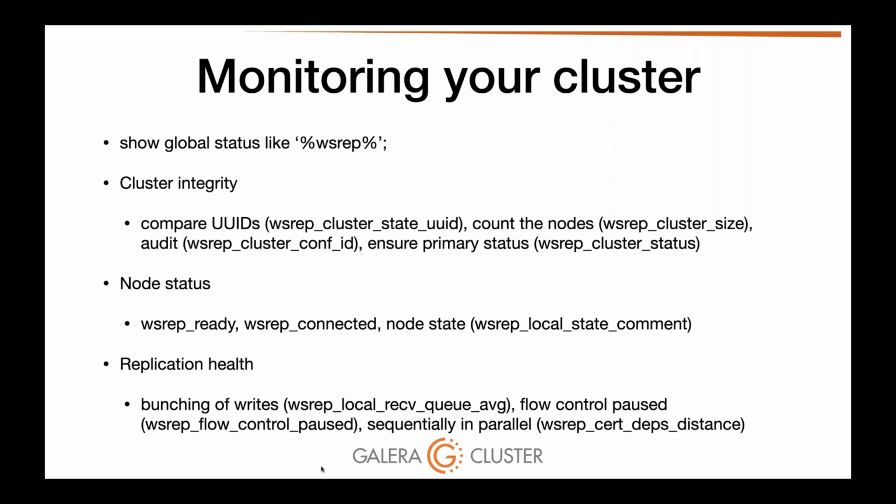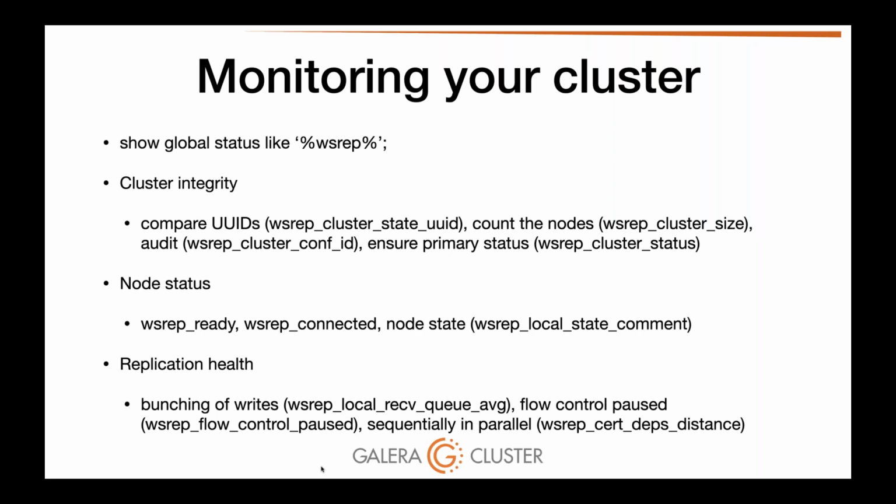So wsrep_local_recv_queue_avg shows the average size of the local receive queue since the last status query. Greater than 0 indicates the node can't apply write sets as fast as it's receiving them. So look at the min and max of those values as well. And in addition to doing that, of course, look at how your outgoing connectivity is going as well.